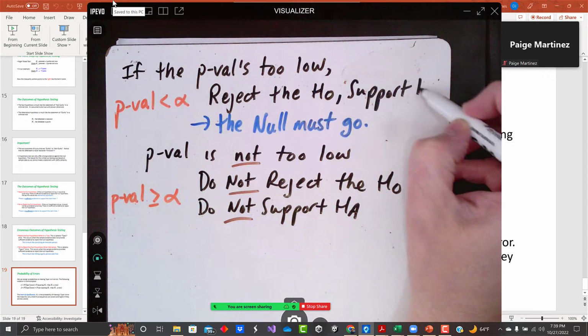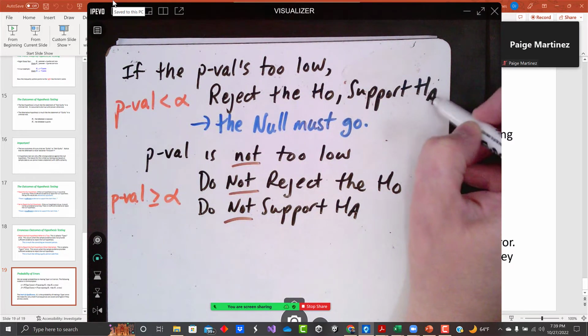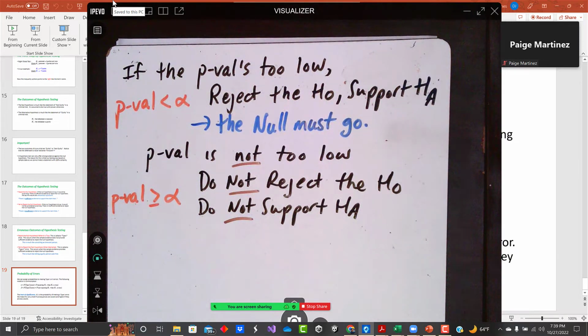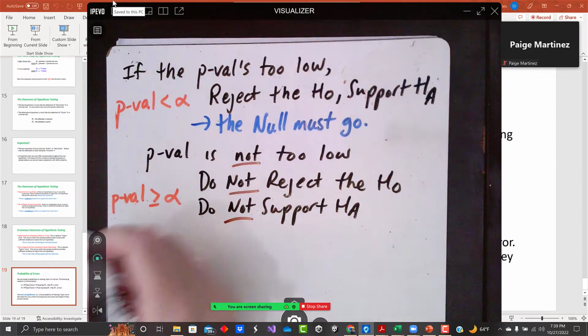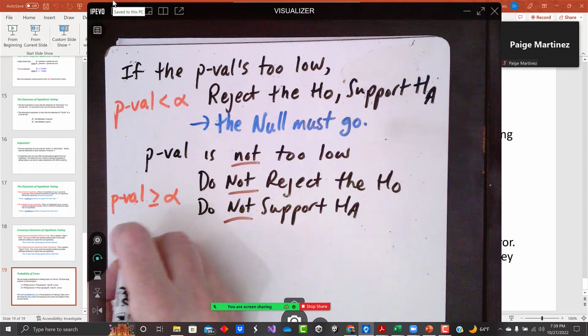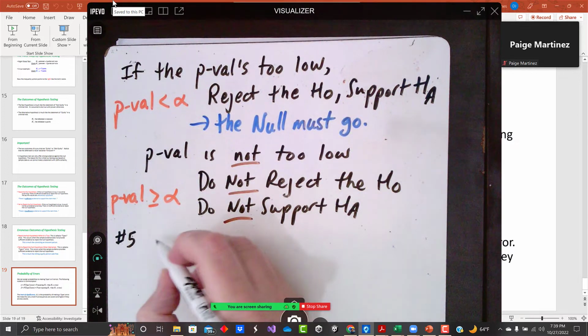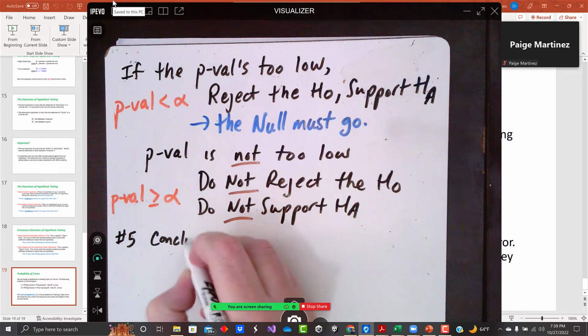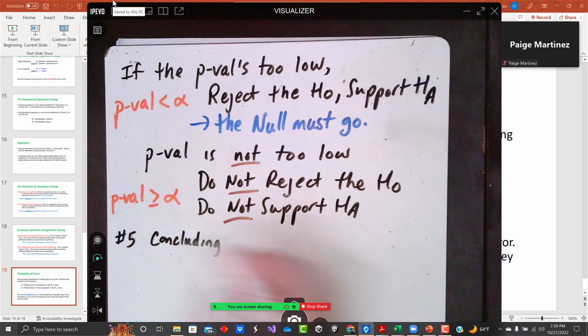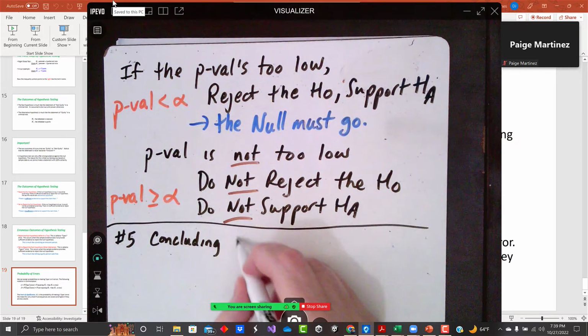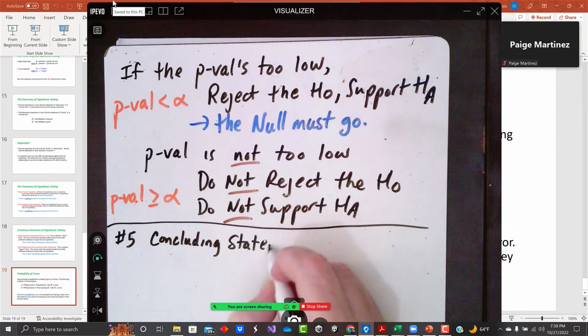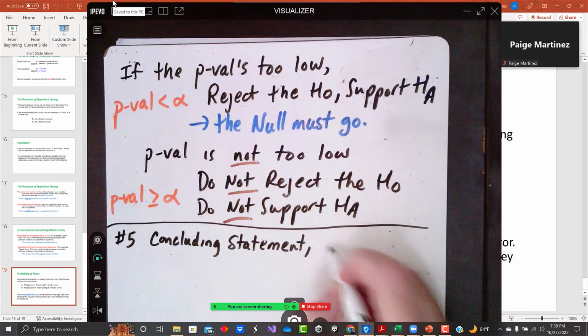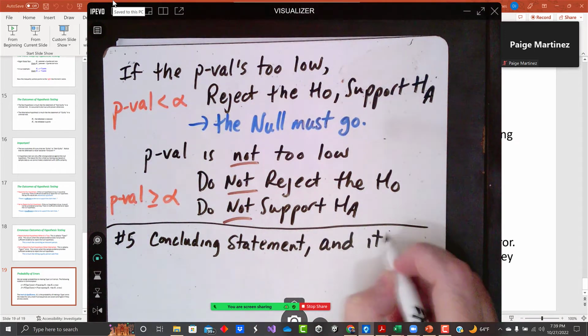That's the only part that's really missing in that jingle. You have to remember it, because step 5 is our concluding statement, and it's always about HA.